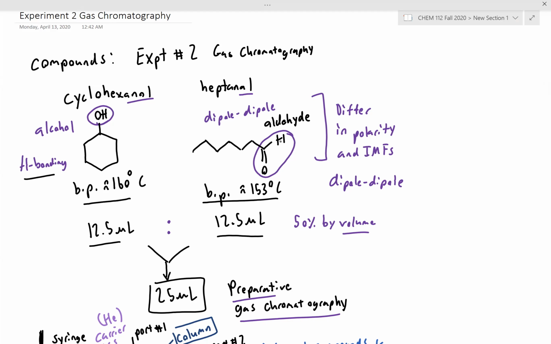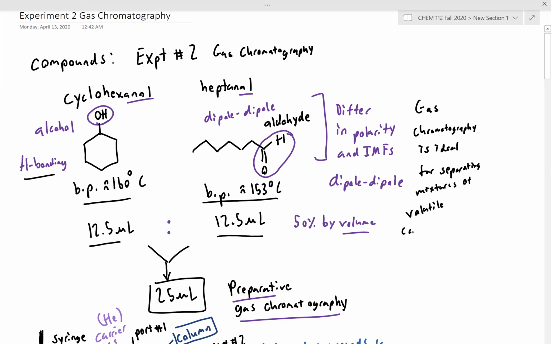Now, as we notice from our physical properties, gas chromatography is ideal for separating mixtures of volatile compounds close in boiling point.